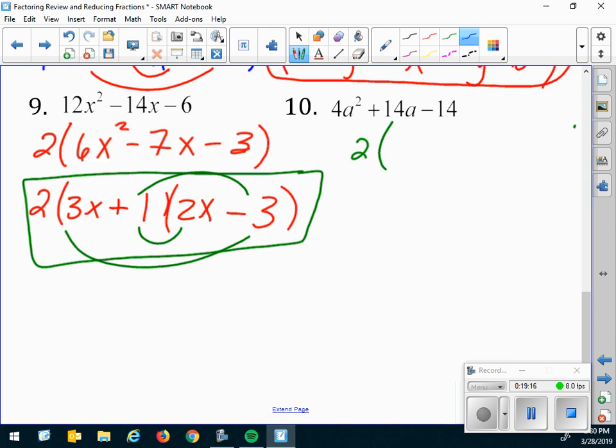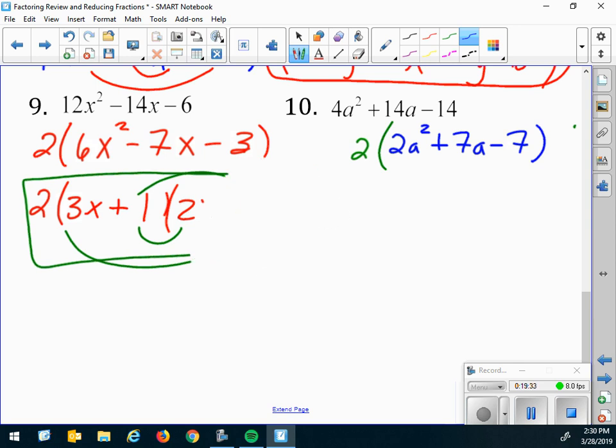Factor out of 2. 2a squared. How do I factor 2a squared? 2a and a.